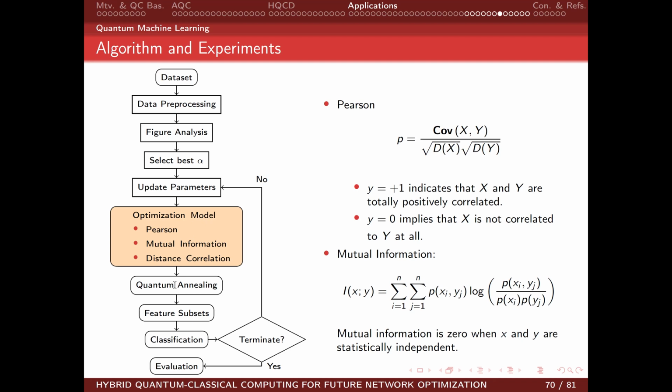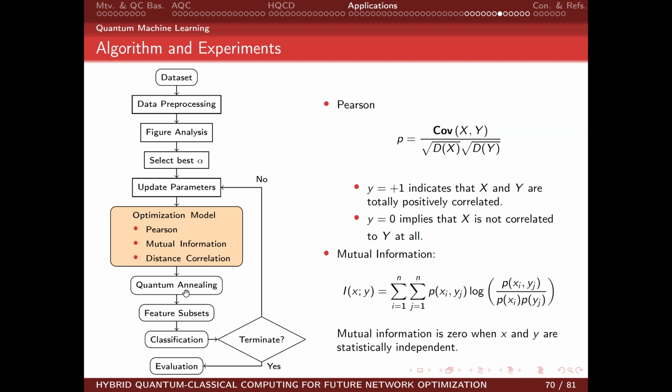Once the quantum algorithm solves the QUBO model, we get the feature subsets which we like. And then we can use the selected features to train our classification model.